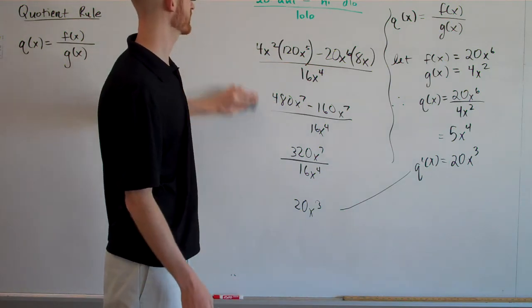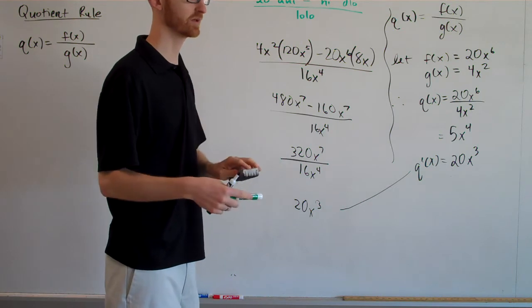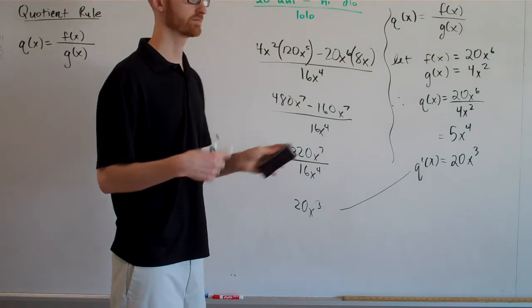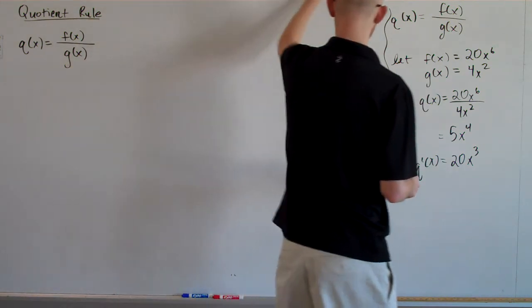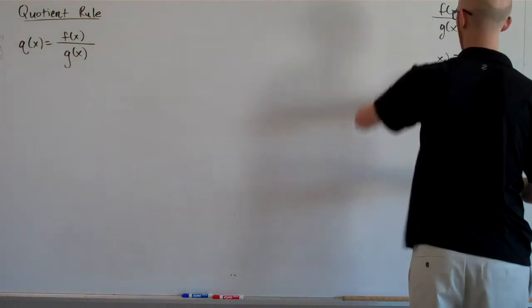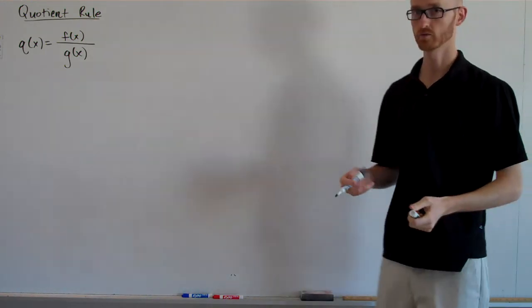The proof is similar to the product rule proof, but maybe it's a little bit more sticky in the details. Remember that what we're trying to end with is low d high minus high d low over low low.